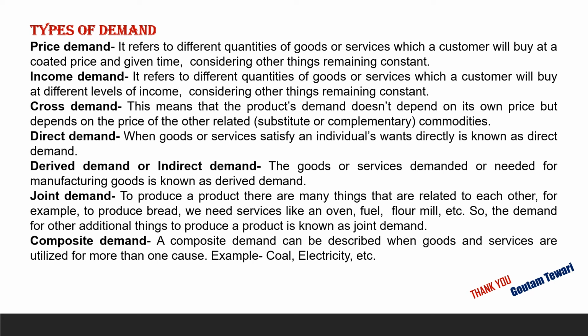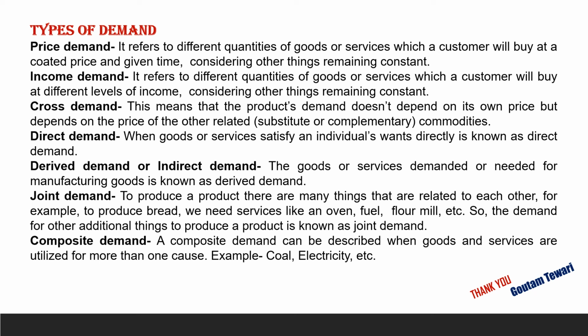Direct demand. When goods or services satisfy an individual's wants directly, it is known as direct demand, such as when we purchase butter for direct consumption. Derived demand or indirect demand. The goods or services demanded or needed for manufacturing other goods is known as derived demand.